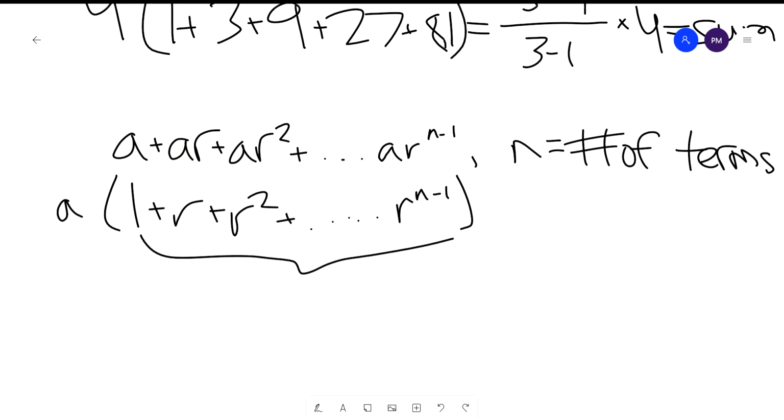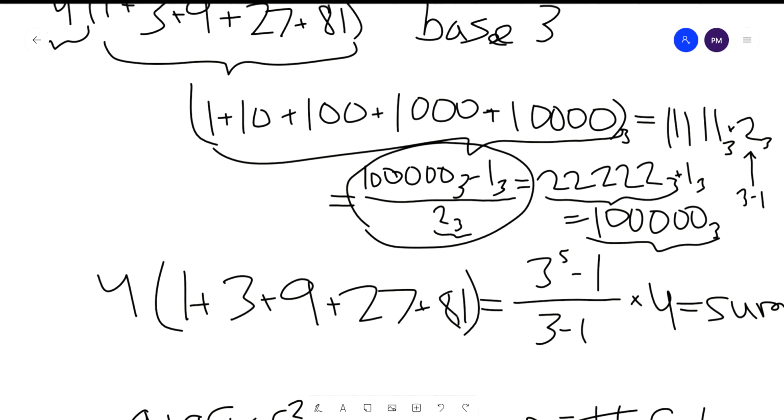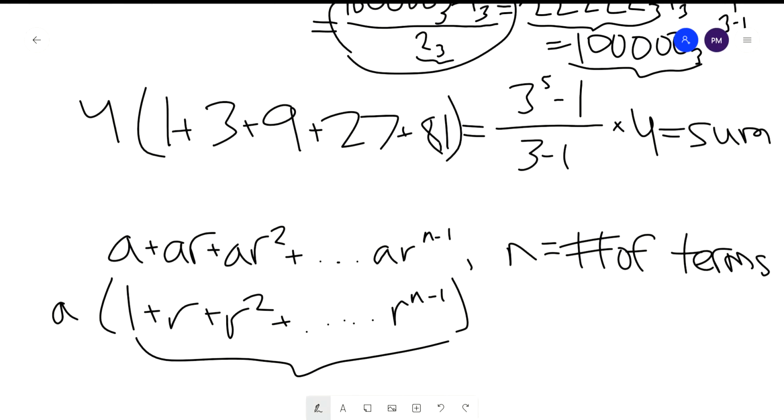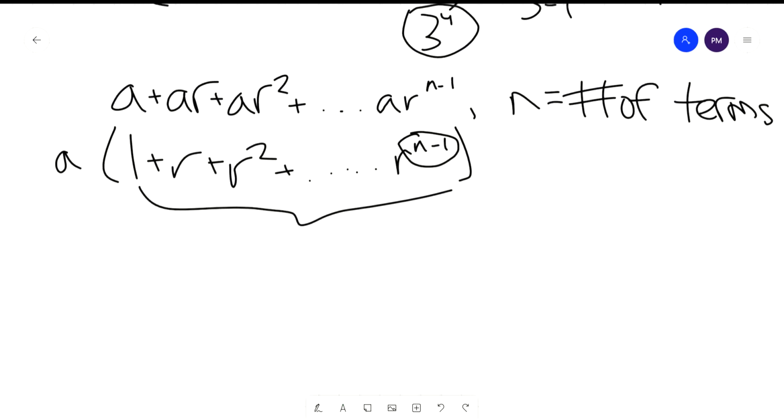And if we use what we figured out previously in our example, we see that the highest power is 3 to the 4th, and this number is 3 to the 5th. So we have to add 1 to the power. And since the highest power is n minus 1, this expression should be r to the n minus 1, plus 1, that is r to the n, minus 1, divided by r minus 1.